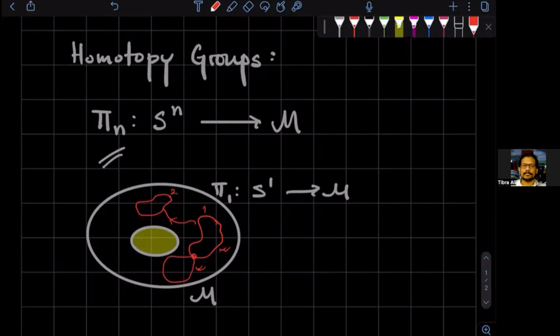But see that there are embeddings of the circle in the space which are, say, going around the hole, and the blue one can never be deformed into the red ones, right? But the blue one can be deformed into, say, this one. So the blue embeddings of the circle in this space form a different equivalence class of maps.